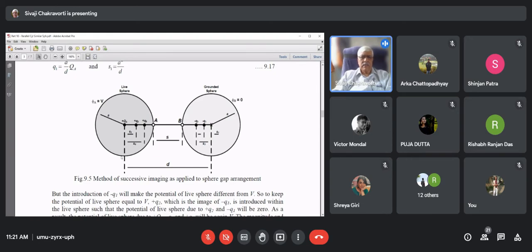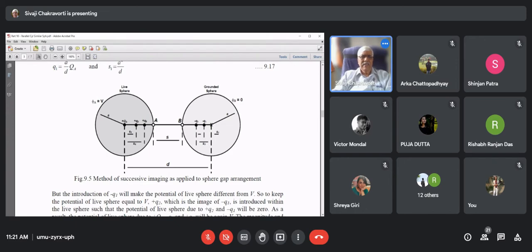Now, how do we start this problem? It is something like this, that first you consider this live sphere as an isolated sphere. And you all know that an isolated charged sphere can be represented by a charge at the center of the sphere. This you have studied in your class.